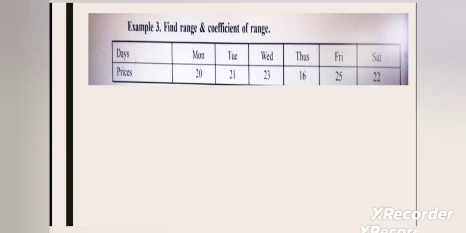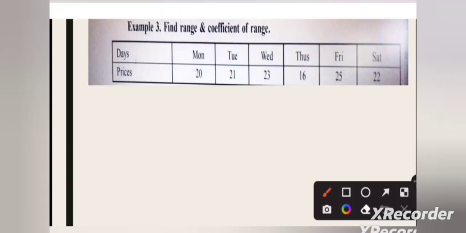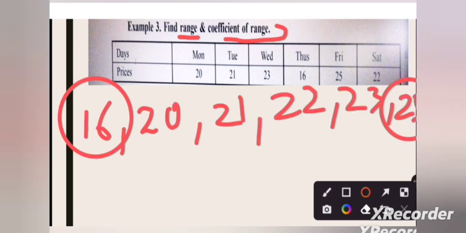Let's see this example in which we have to find range and coefficient of range. For solving this, we will first arrange our data in increasing or decreasing order so that we can get the maximum value and the minimum value of this series. Here, the maximum value is 25 whereas the minimum value is 16.